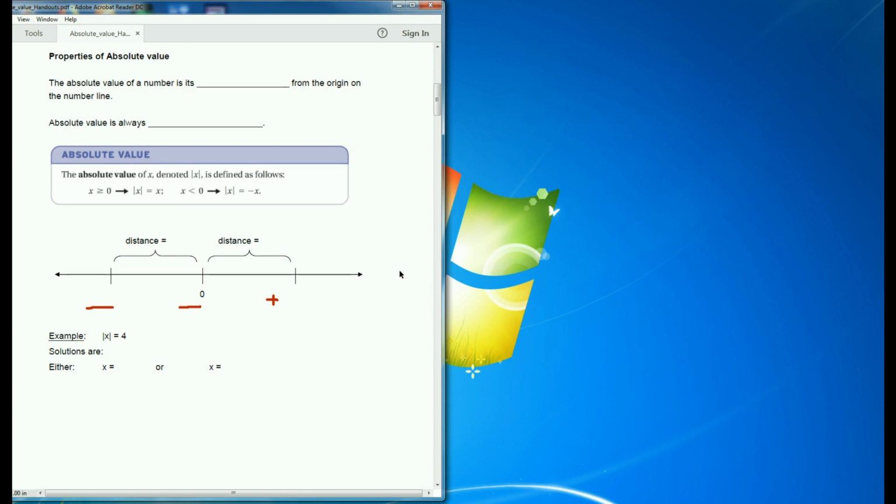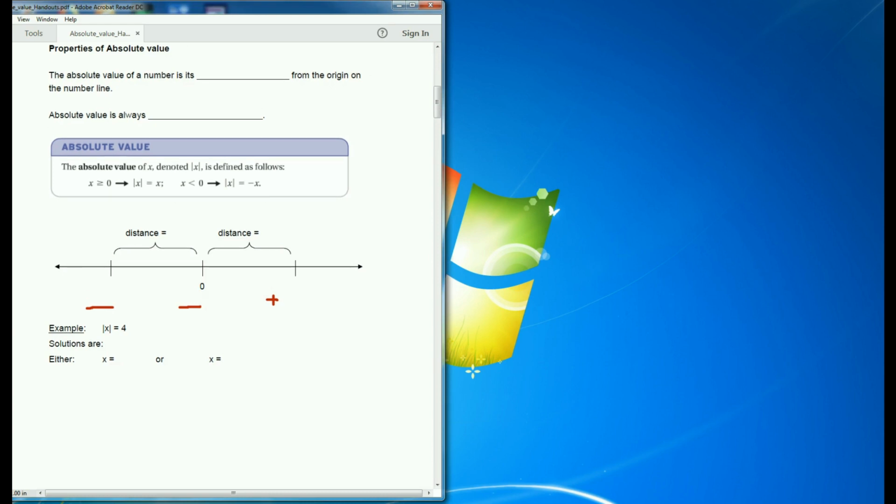So just as a very simple example, I always like to start very small with absolute value and build, because I do think it's a confusing topic. For the most basic example, if the absolute value of x equals 4, what are the solutions for x? What can x be?